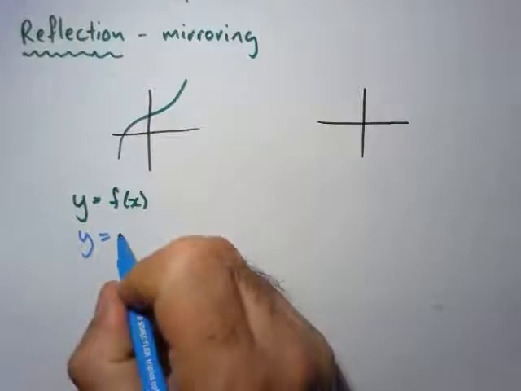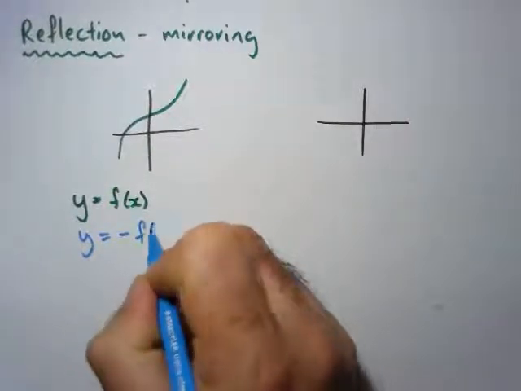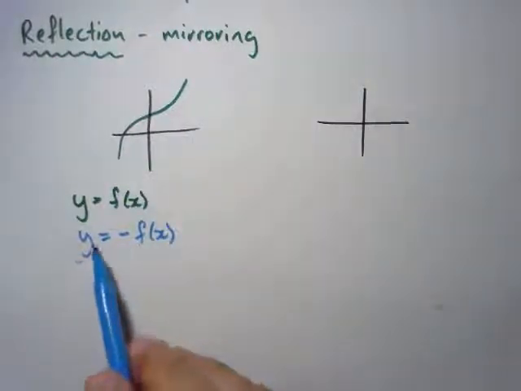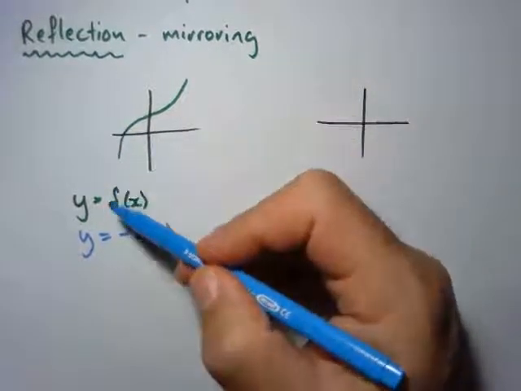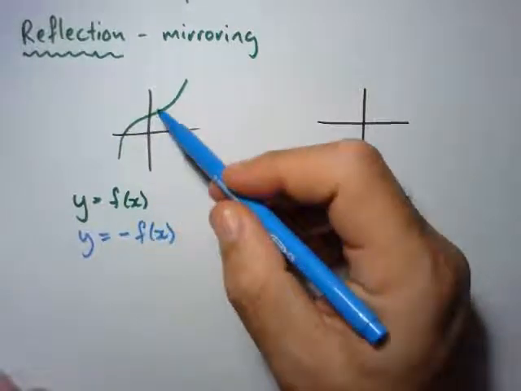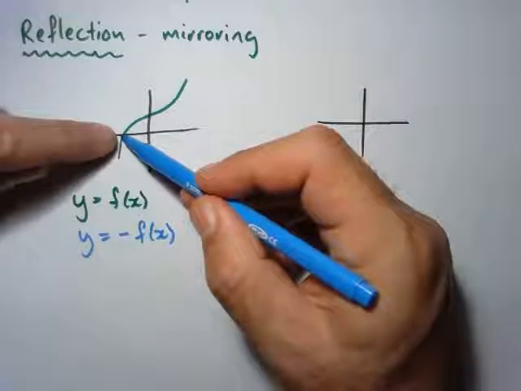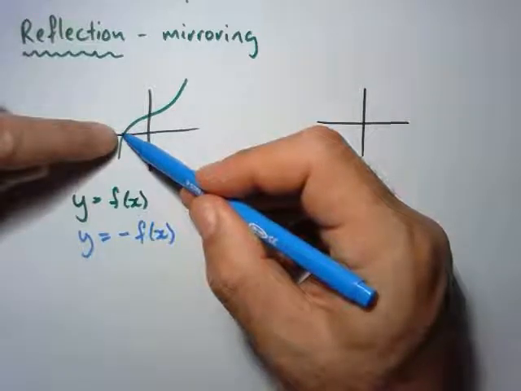If I say y equals negative f(x), what will happen is that where y was 0, it becomes negative 0, which is still there.